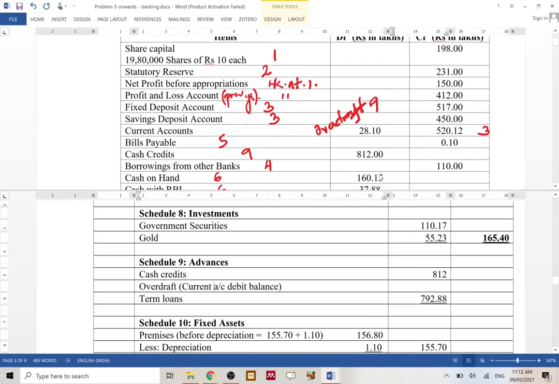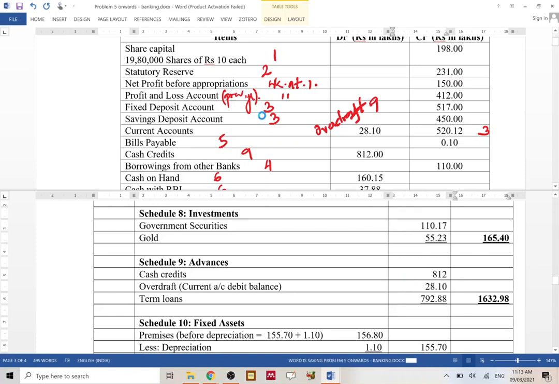So the overdraft under Schedule 9 will be 28.10. Done. So again, advances total, we can get it in the outer column so that it can be transferred later. This is 1632.98.